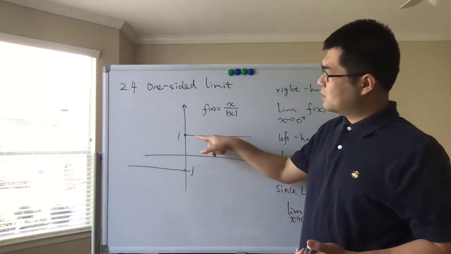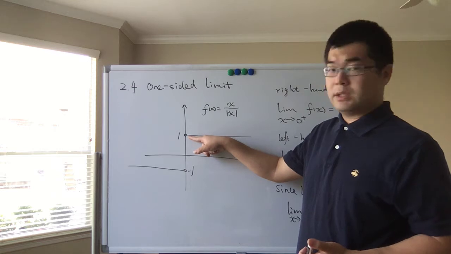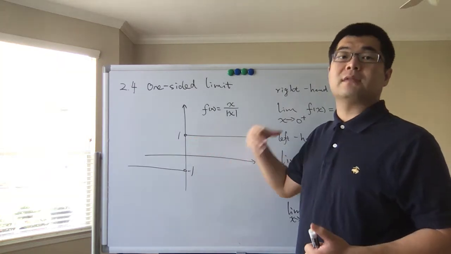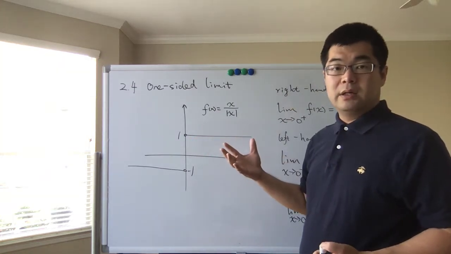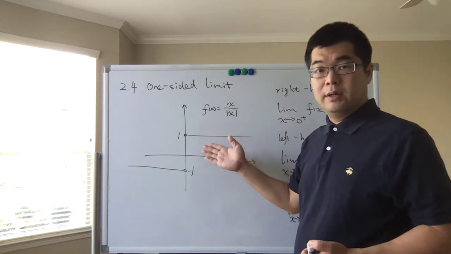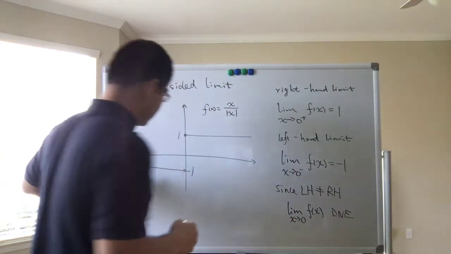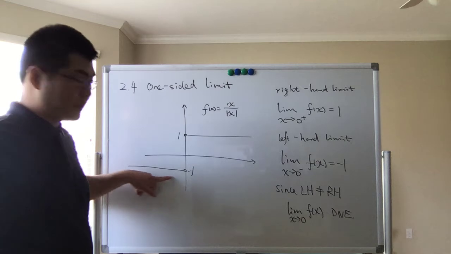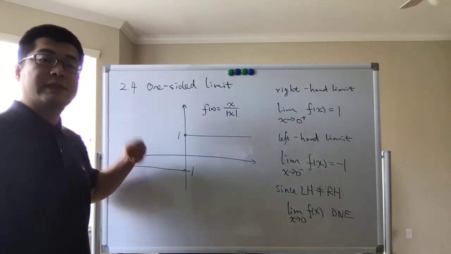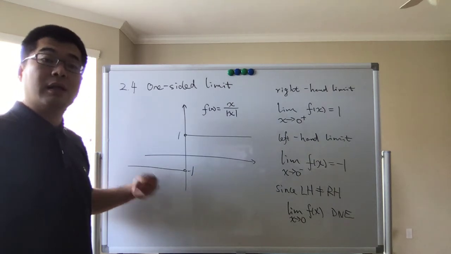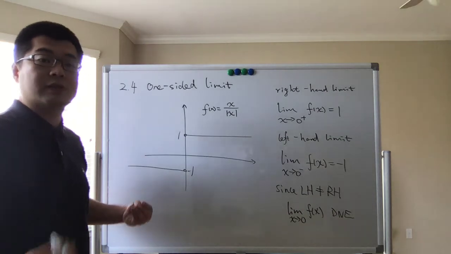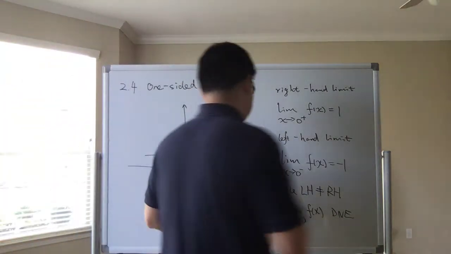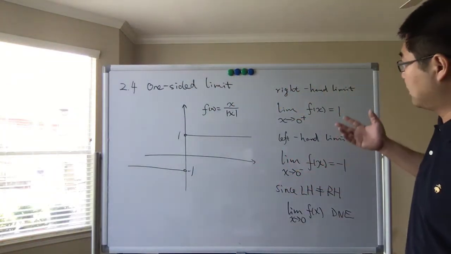As x approaches 0 from the right, you will see that the right side limit equals 1, okay? However, as x approaches 0 from the left side, you will see that the left side limit actually equals negative 1. So the idea is very, very simple, okay?